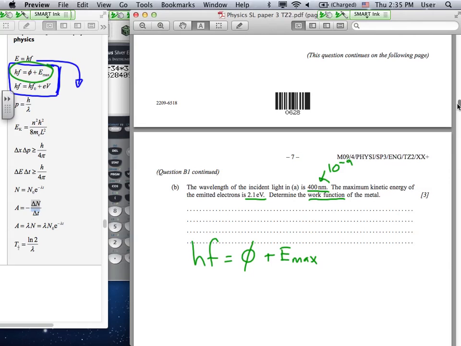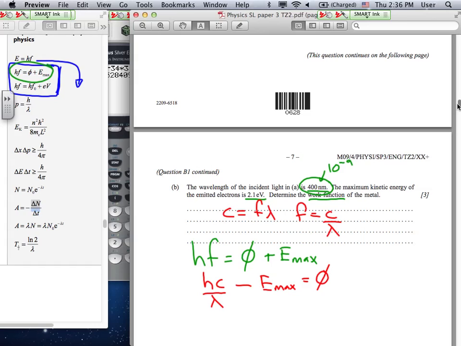Because we are dealing with the wavelength, we'll just rewrite this formula, because obviously we know that the speed of light is equal to frequency times wavelength. Frequency is equal to c divided by wavelength. So we're going to get hc over lambda minus E max is equal to your phi.